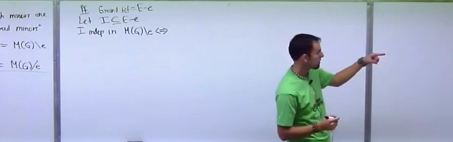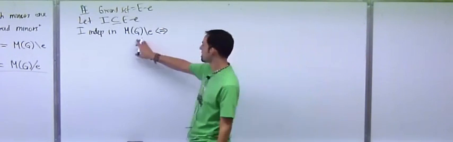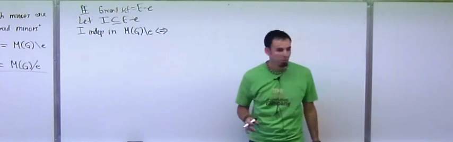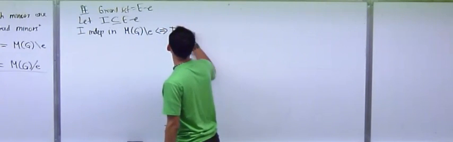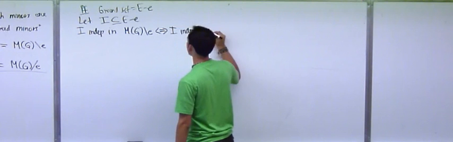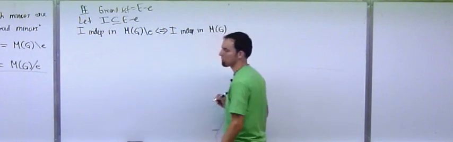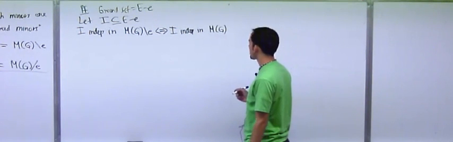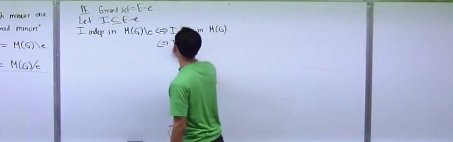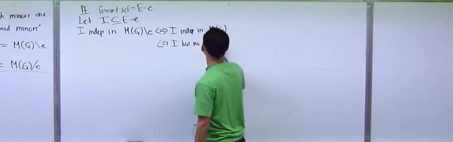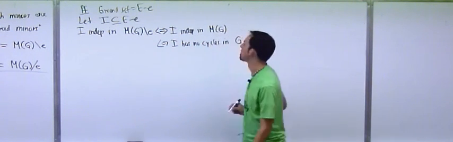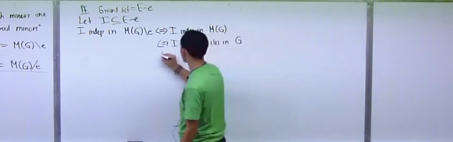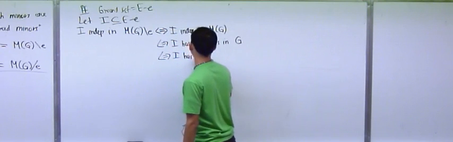We saw that this set is independent in the deletion of the matroid if and only if it's independent in the matroid G, because those were the independent sets here. What does this mean? It means that I has no cycles in G.